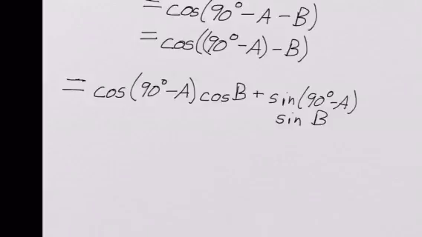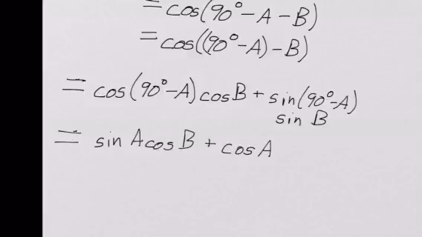So now we can use the cofunction identities on cosine and sine, and we get sine of a cosine of b plus cosine of a sine of b.